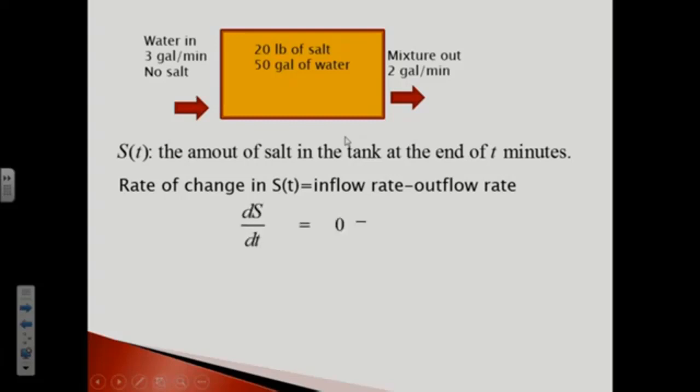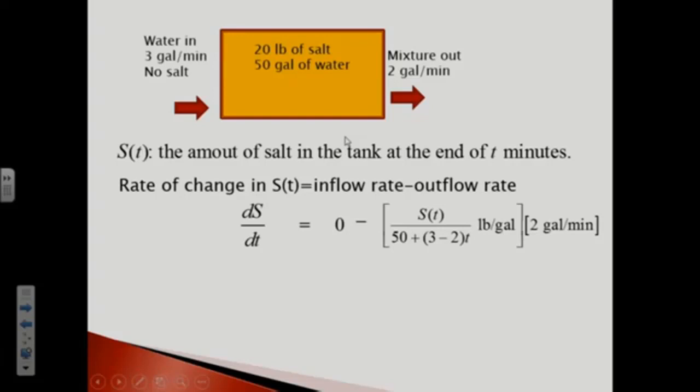For the outflow, note that at time t, there are S(t) pounds of salt in 50 plus 3 minus 2 multiplied by t gallons of solution, because the inflow is 3 gallons per minute and the outflow is 2 gallons per minute.